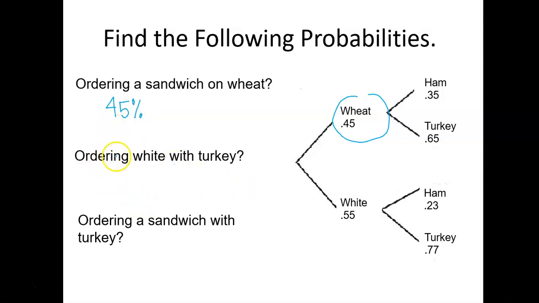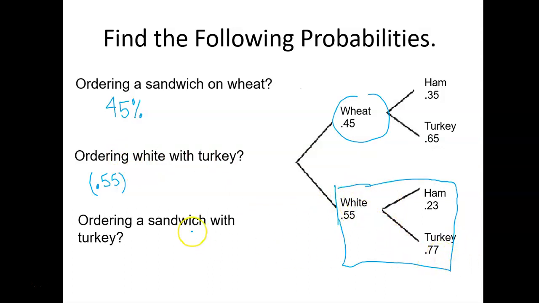What's the probability of ordering white with turkey? Because they're ordering white, I'm going to be looking at this part of the table right here. The probability that they chose white in the first place is 0.55. We're going to multiply that by the chance that they then chose turkey. So 55% chose white.